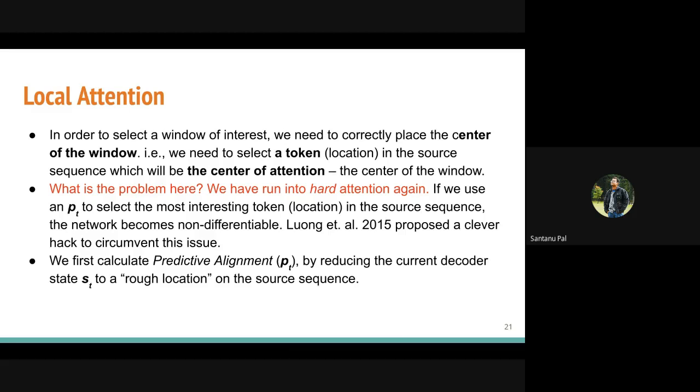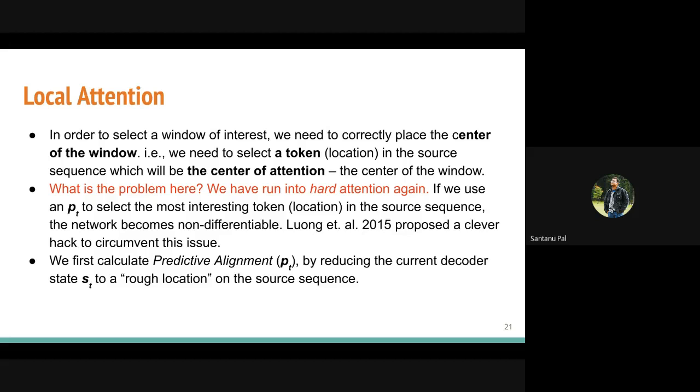We have run into hard attention again. We have to select a particular location, a particular token, a particular hidden state where we will get the most attention, and the same problem is happening now. It is non-differentiable, so we can't backpropagate or use the gradient value.